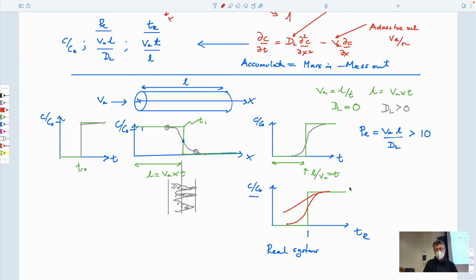So the green is a Peclet number equals infinity. This is a Peclet number of 1. And this is a Peclet number of 0.1.